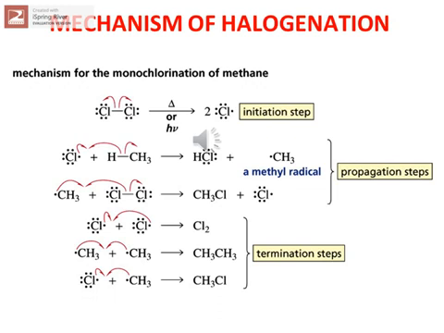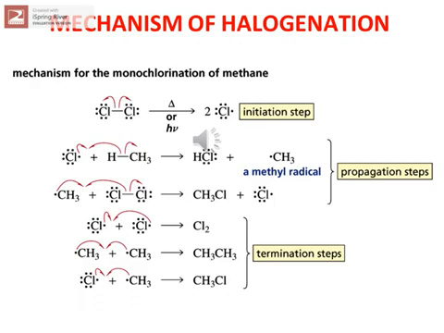A step in which both a product and the reactive species which keeps the reaction going are formed is called the propagation step. So here you may see that in the second step, a chlorine free radical attacks the methane molecule, generating a methyl radical.